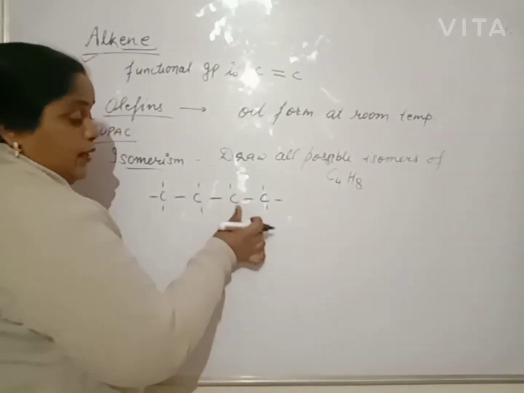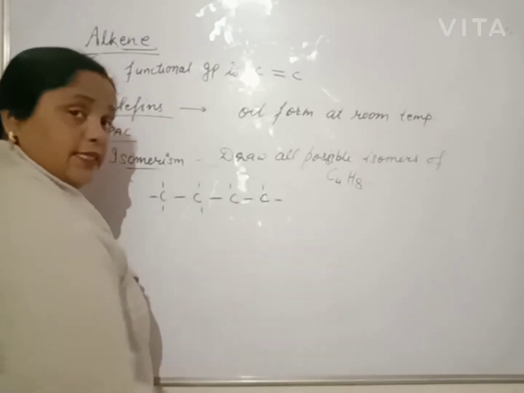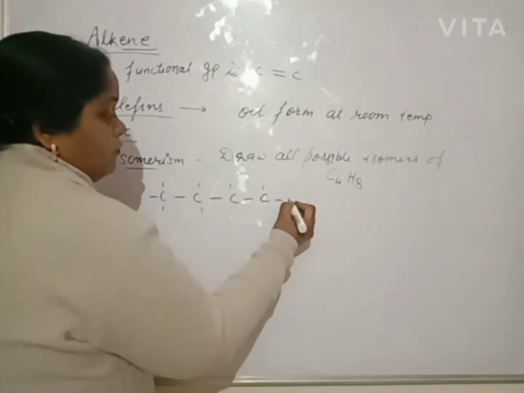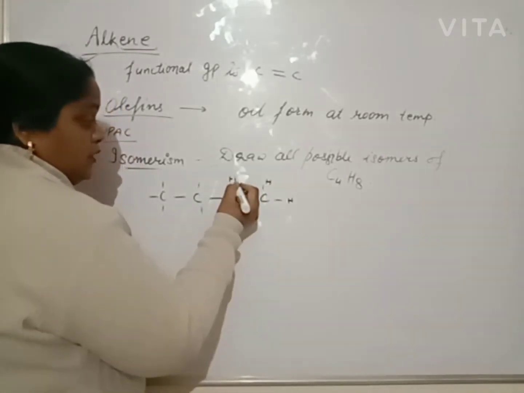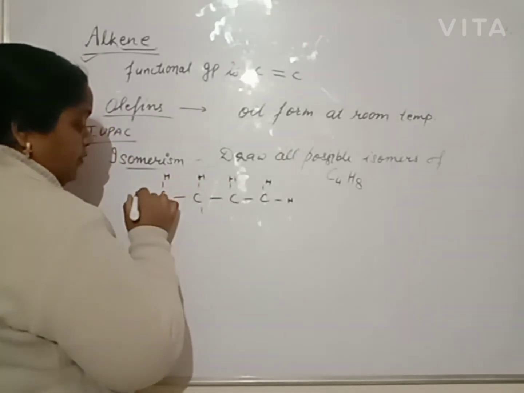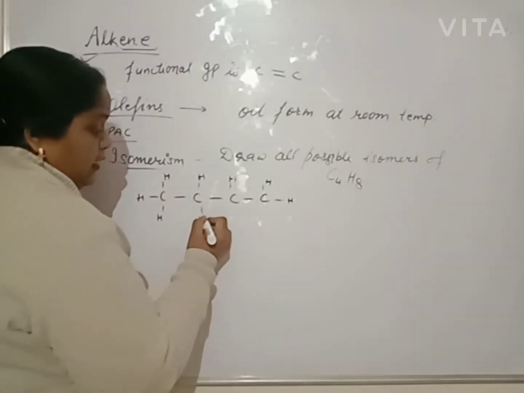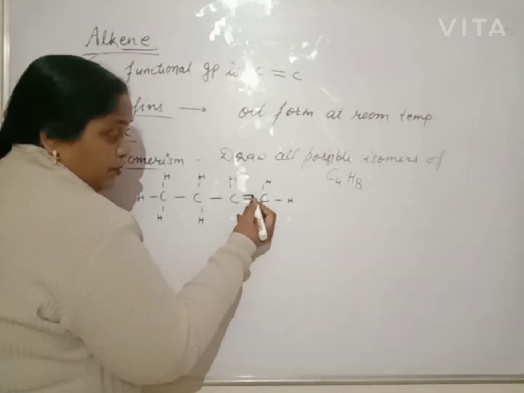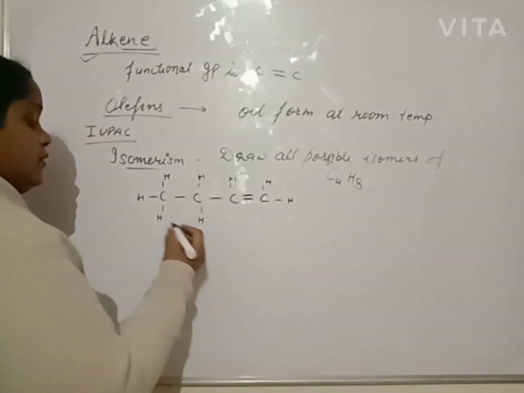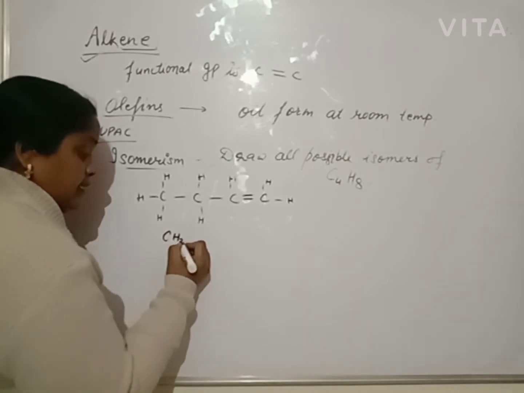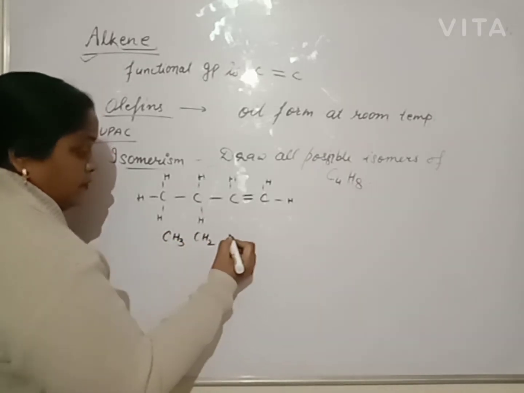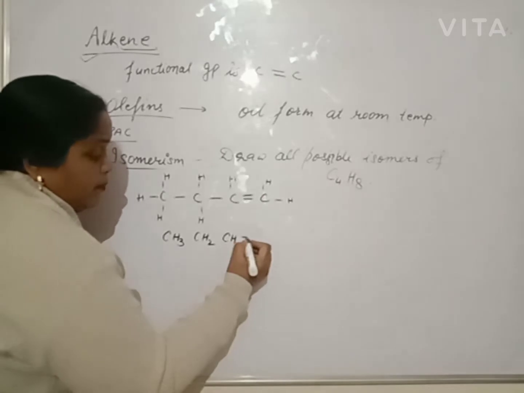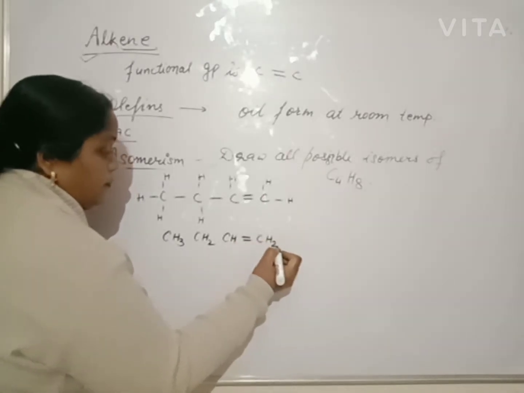So 2 hydrogen from adjacent carbon will be removed, and to complete the valency, a double bond is formed. That means you will get CH3, CH2, CH double bond CH2.